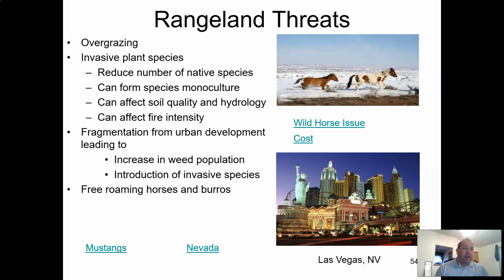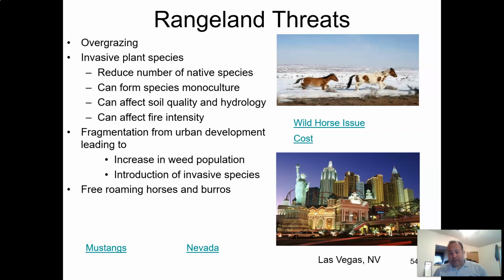So if we want to use fire as one of our cheap and simple tools, that can be problematic depending on the species, because different species have different tolerances to fire, and they grow to different sizes and have different flame lengths. So that could really make it hard to actually use fire on these areas.